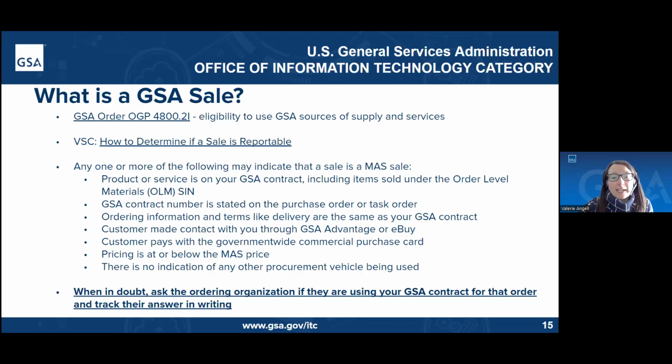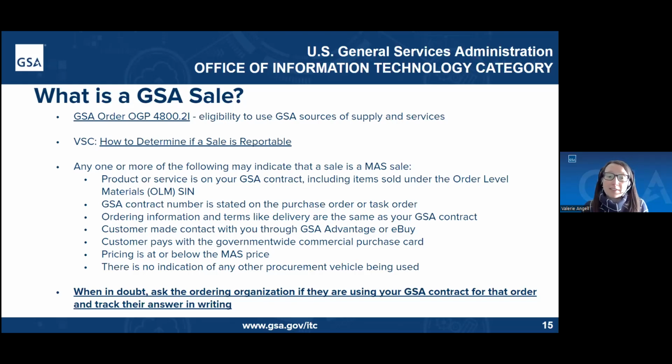Any of these may indicate that the sale could be against your MAS contract. So if the product or service is on your GSA contract, including items sold under the order level materials, OLM SIN, if the GSA contract number is stated on the purchase order or task order, that's usually a sign that the order would be against your GSA schedule contract. If the ordering information and terms like delivery are the same as your GSA contract, that could be an indicator.